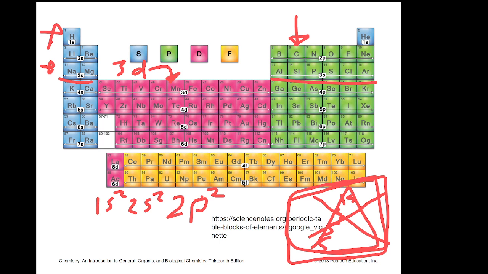And so that's why this is the 3D orbitals. Everybody see that? They just get skipped for that first one. Now, when you look at the F orbitals, keep in mind that these right here are actually embedded up in there, okay?